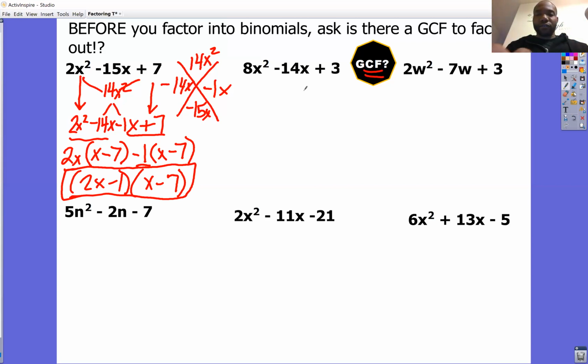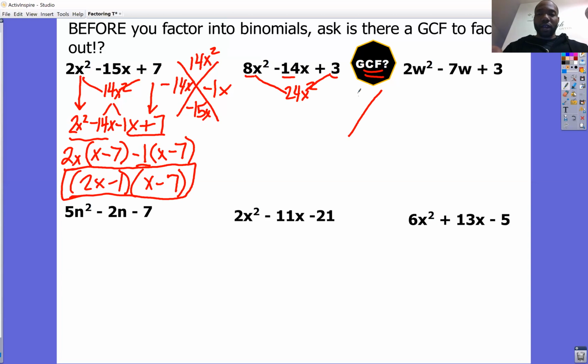Okay, GCF between 8, negative 14, and 3. Since that clearly doesn't have an x, there can't be a GCF there. Do they have a GCF other than 1? No. So now we start creating the butterfly. 8x squared times 3 gives me 24x squared.